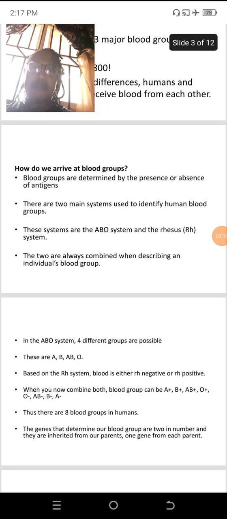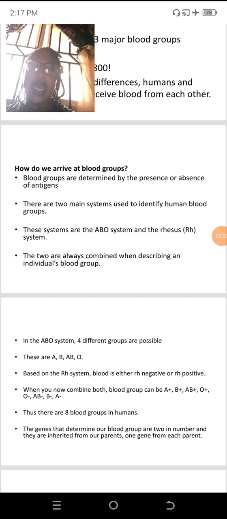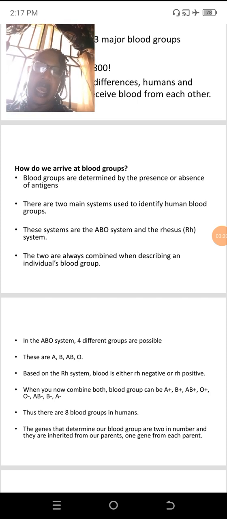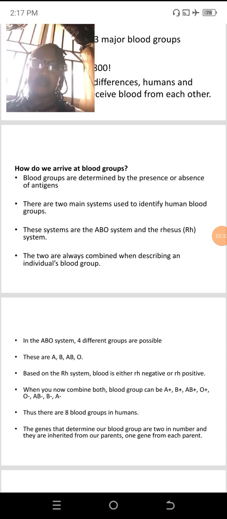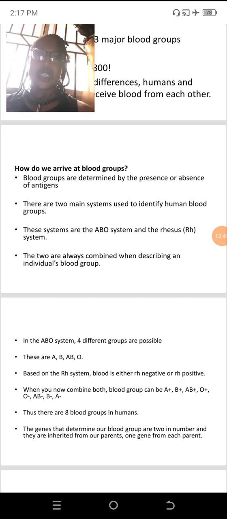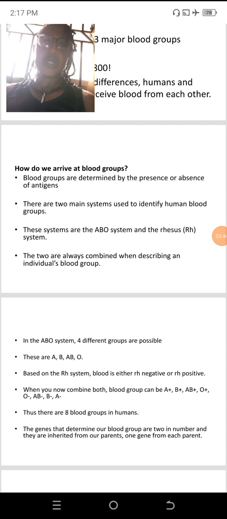If you are using the ABO system alone, we have 4 different blood groups possible. And these four different blood groups are the A, B, AB, and O groups. Then if you are using the rhesus system, 2 blood groups are possible. It's either the blood is rhesus negative or it is rhesus positive. However, we combine the two systems to arrive at human blood group.